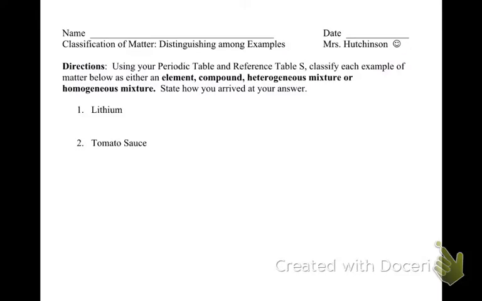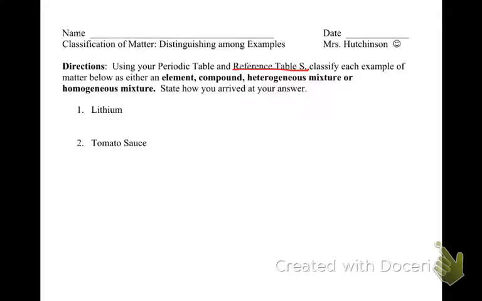So now, if we take a look at this, using our periodic table and reference table S, so reference table S is after our periodic table. The reason why you want to use reference table S is because it tells you not only the atomic symbol of that particular element, but it also gives you the name.